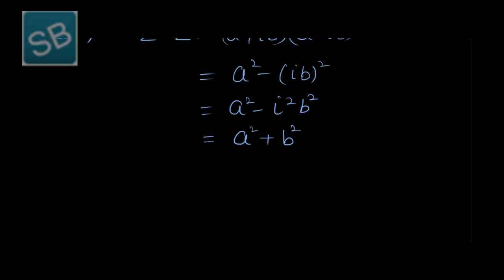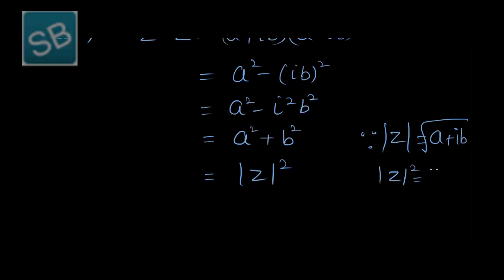And a square plus b square is equal to mod z square, because mod z is equal to a plus ib under root, and on squaring, mod z is under root a square plus b square, and mod z square is a square plus b square.